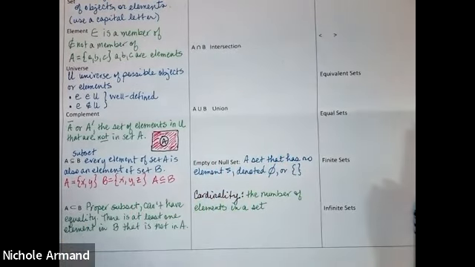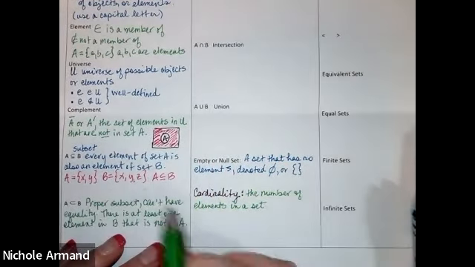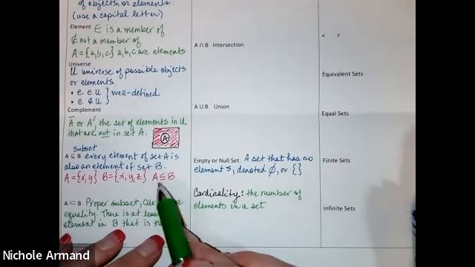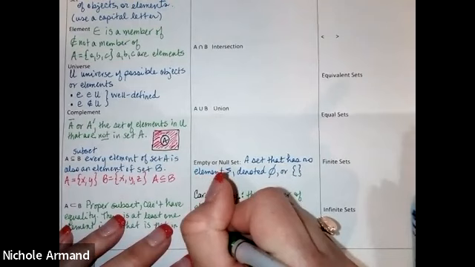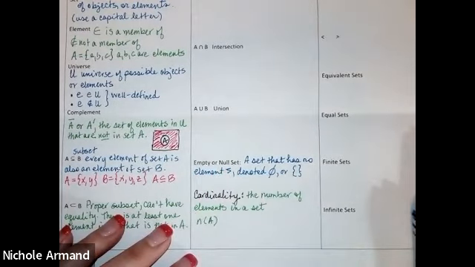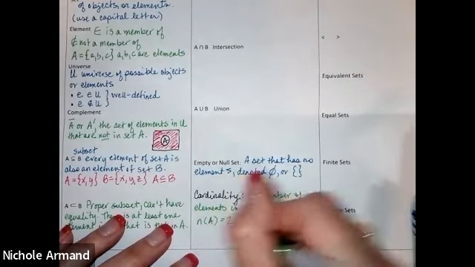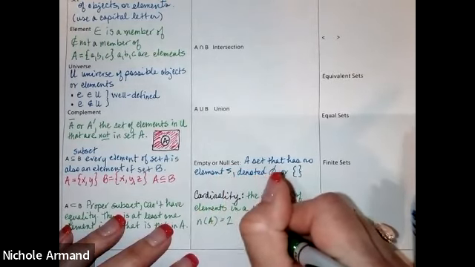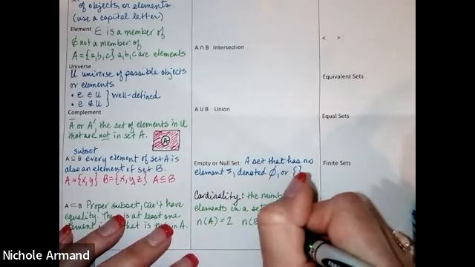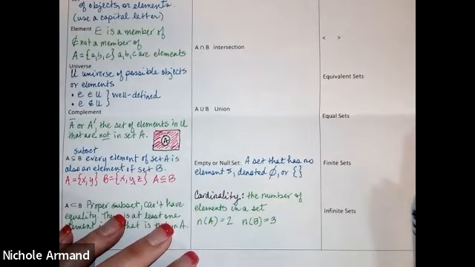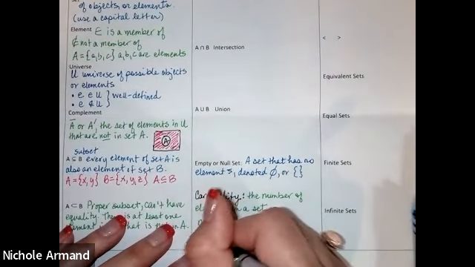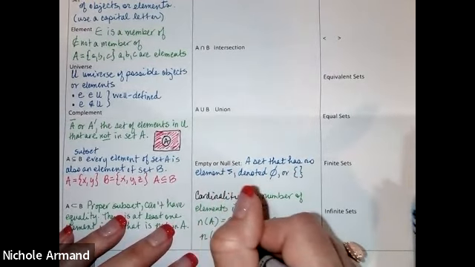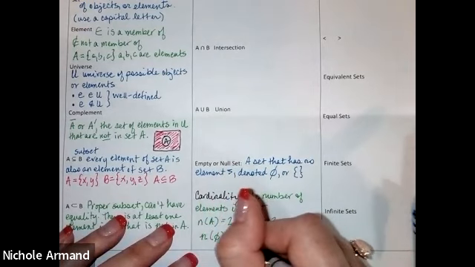So if we look back to our examples of A and B right here, we put the letter N in front of A. The number in A, in this case, would be 2. And the number in our set B would be 3. The number of elements in the empty set is 0.